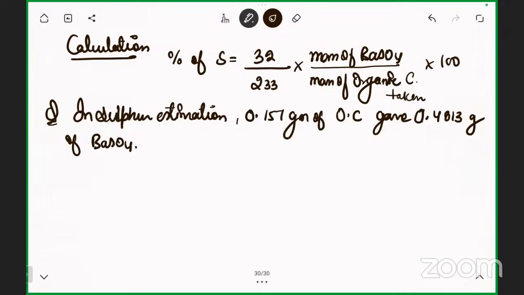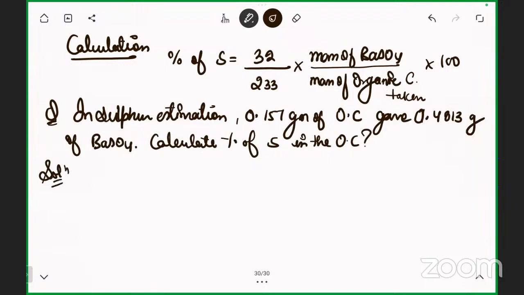Calculate the percentage of sulfur in the organic compound. So how will you do the solution?